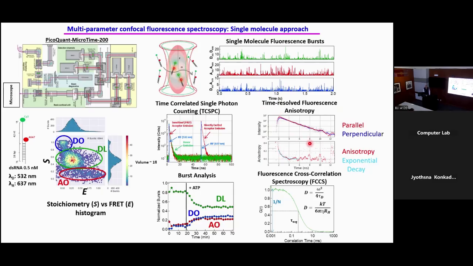And if we take the anisotropy equation, which is basically subtracting these two, we get this decay, can fit it to an exponential, and that decay tells us the rotational correlation time, or how fast the molecule is rotating, which again depends on the size and shape of the molecule. And also, it's more sensitive than fluorescence correlation spectroscopy for small changes in the size of the molecule. So that's a big advantage of doing this.